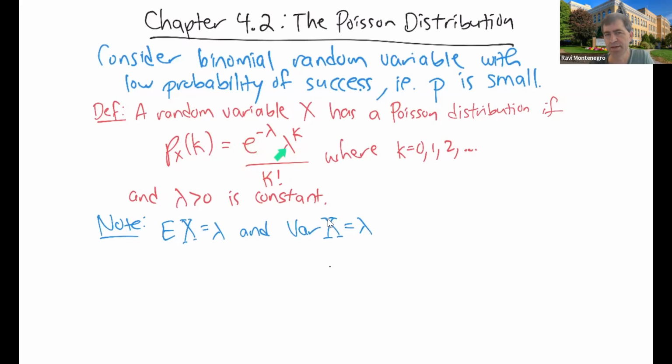E to the x is positive, lambda is positive, factorials are positive. So we have a positive value. And the only thing that needs to be checked is that they add up to 1. So you can look in the book if you want to see it. It's not terribly difficult. It just uses a binomial sum. So this adds up to 100%. That confirms things. Now, the E of x and the variance statements can be checked using material we've learned before.